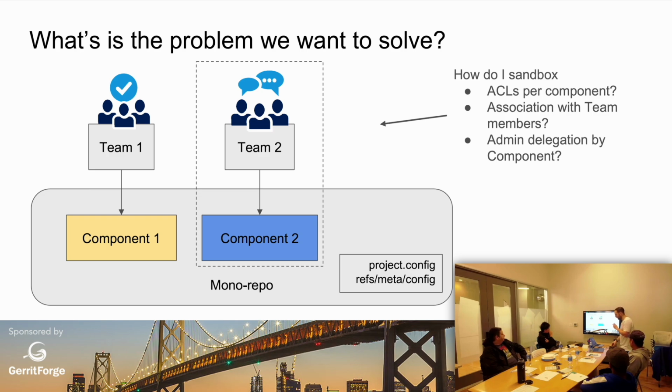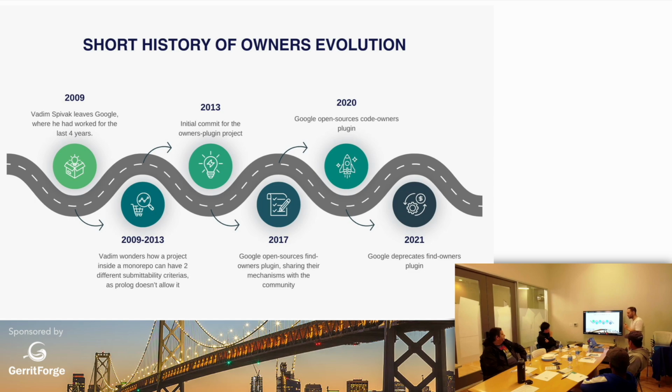manage that very effectively. So I want to touch on the history of the owners plugin. Promise I won't be too long. In 2009, Vadim Spivak, who's the guy that, as we'll see in a second, created the owners plugin, was an ex-Googler. He left Google in 2009 after 4 years of working there. He moved to VMware.